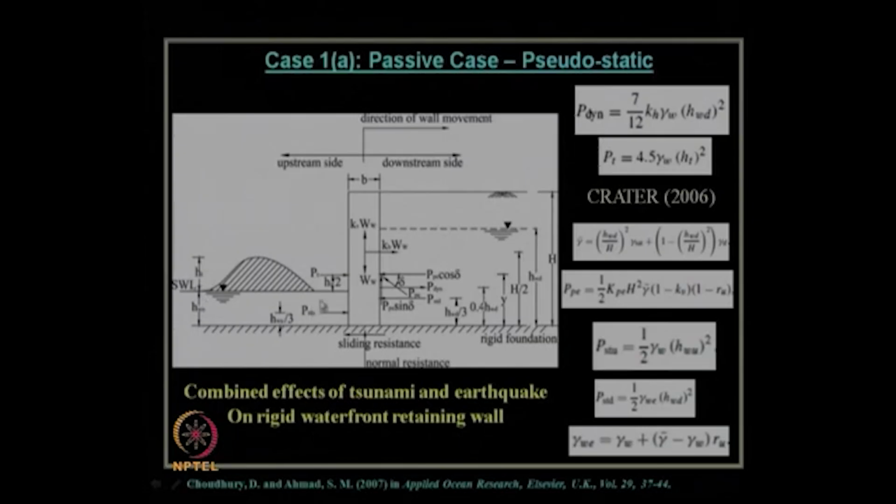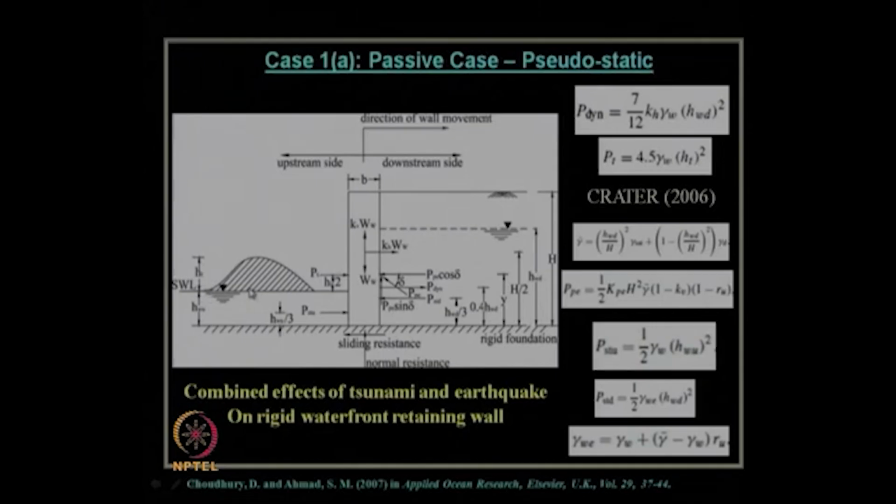And on this side, that is the upstream side or the water side or sea side, this height h_wu is nothing but the still water level. SWL is the still water level of the sea. But when a tsunami comes, there will be extra height on top of this still water level. Let us say h_t is the height of the tsunami wave.